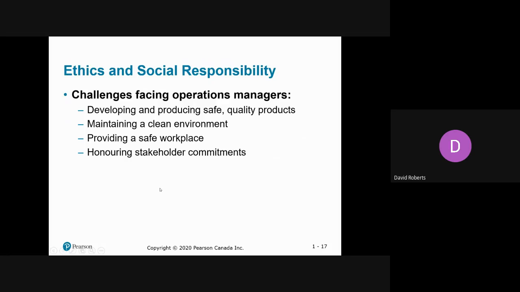Now, safety is very important, producing safe quality products and also maintaining a safe and clean environment for your employees. In one of the tours I take my students on, the company says this: when an employee, or in this case, students come for a tour, we have a very simple goal.